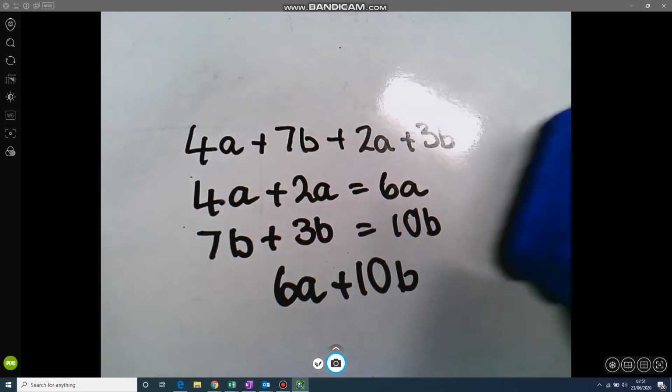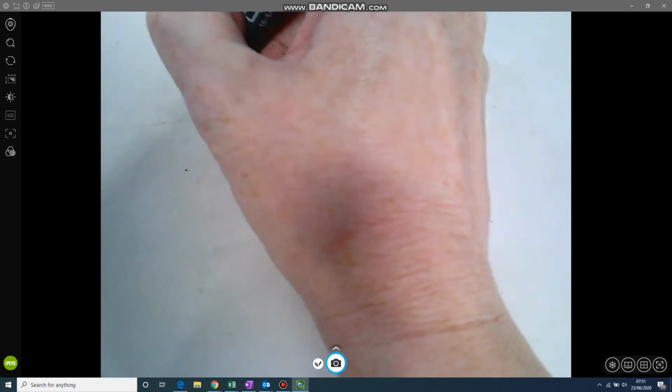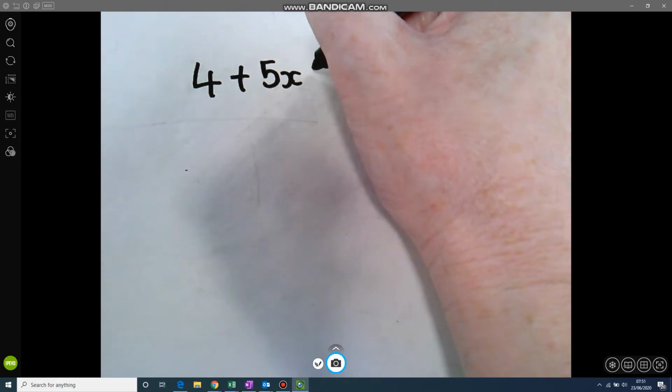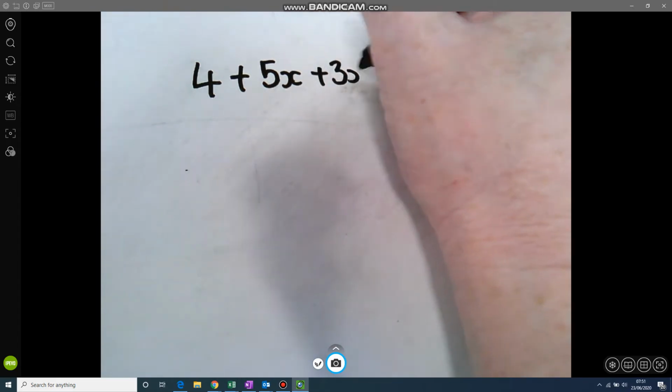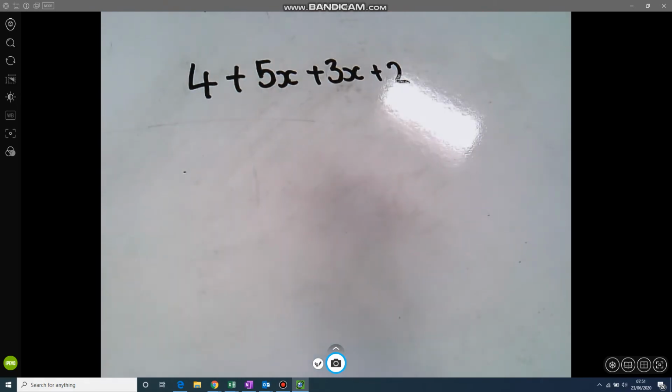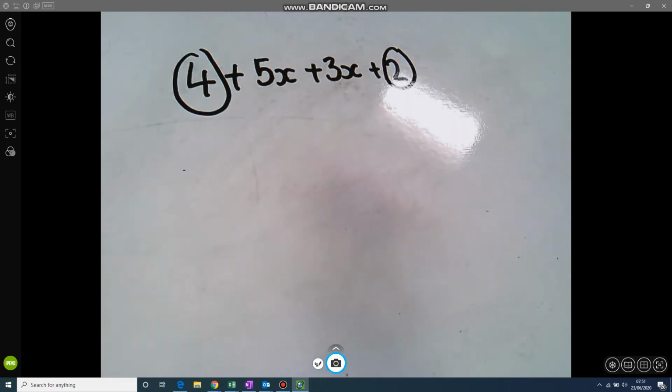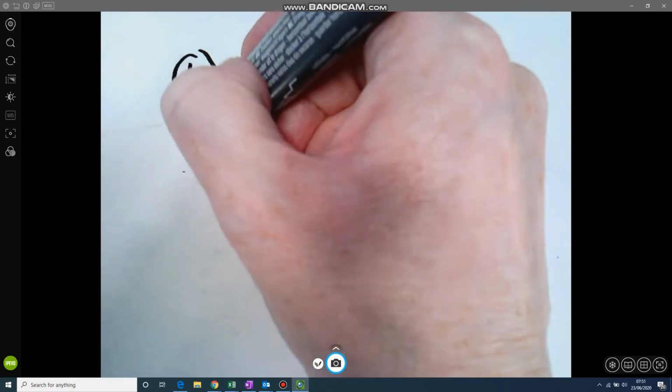Okay, the next one then was 4 plus 5x plus 3x plus 2. So what am I going to do here? I'm looking at the terms that are similar. So I start with my 4 and my 2 because they are similar and I can add them together.